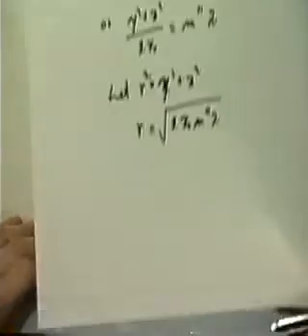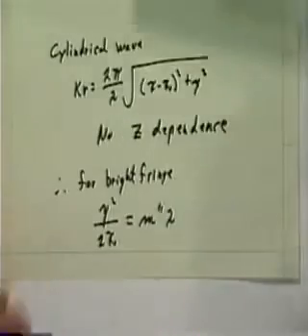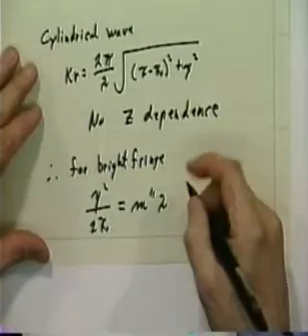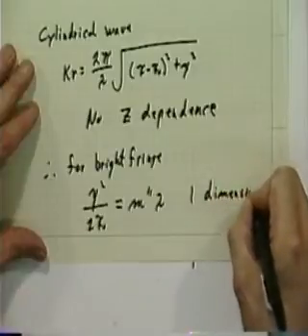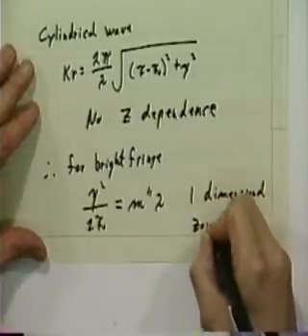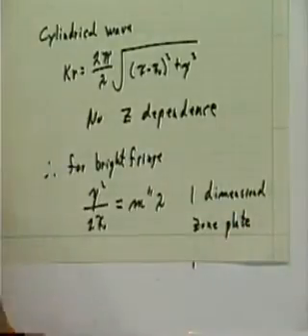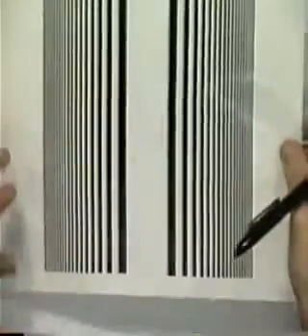So it's just what we had before, except the z goes away. And so what we have here is what we call a one-dimensional zone plate. We'll talk a lot more about zone plates later, and see why we call it a zone plate. But the fringes in this case would look like this here.